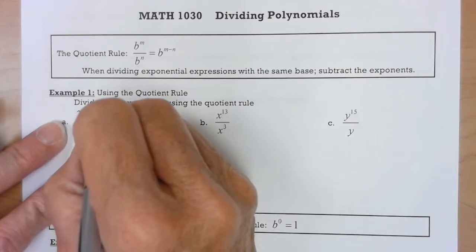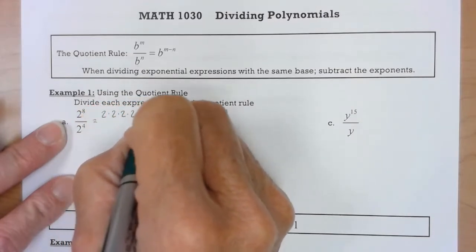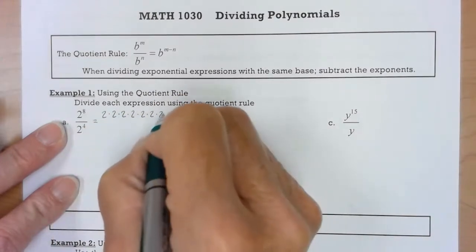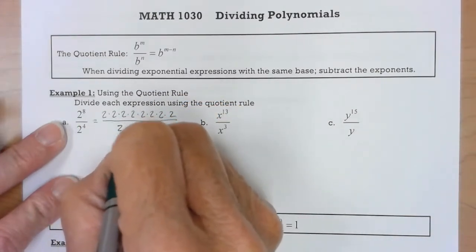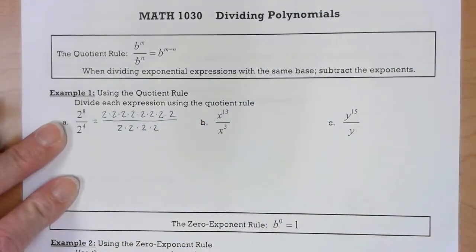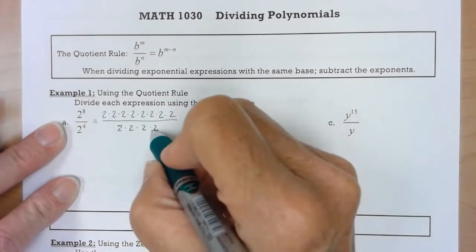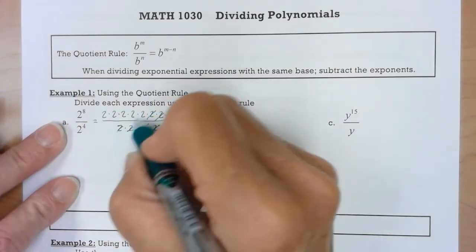This is 2 raised to the 8th. In the denominator, 2 to the 4th. And if you remember, if I have like factors in numerator and denominator, they divide each other out because I get 1.